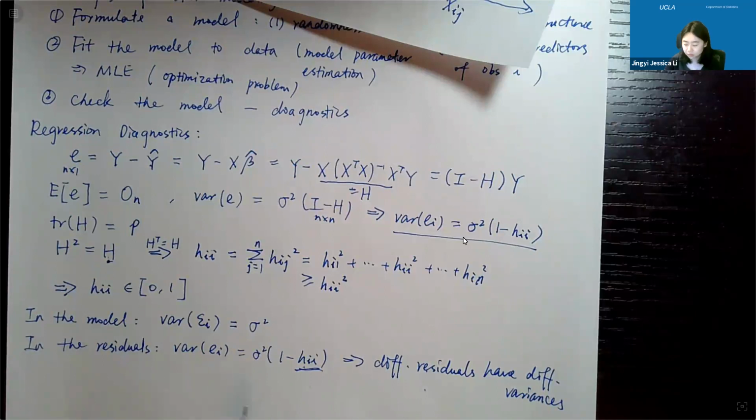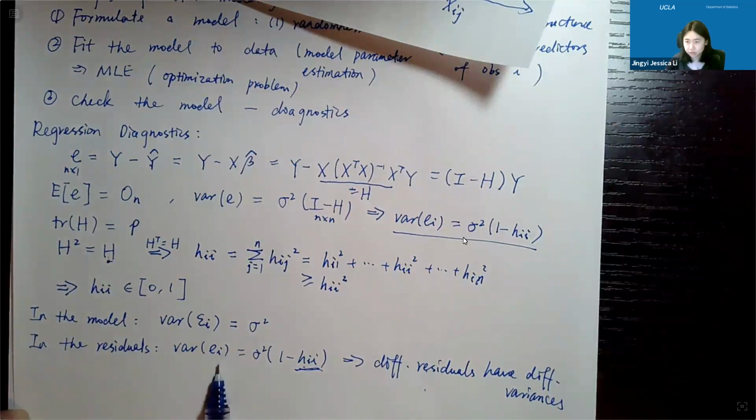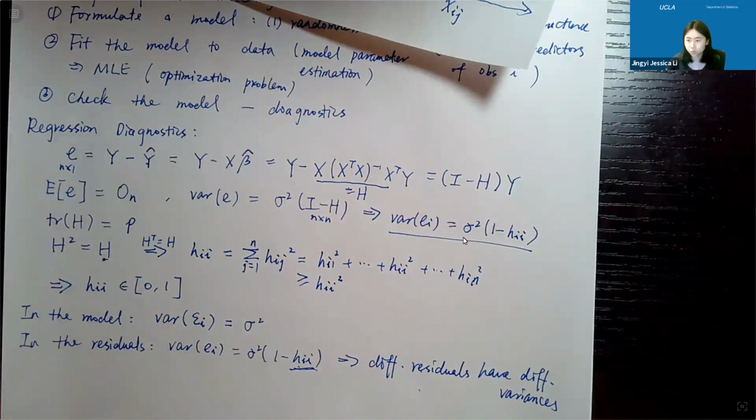If we fit a model to our data, we get one residual per observation, right? That's only one value. We observe a value for e_i. And then what is the randomness? What is the variance about?